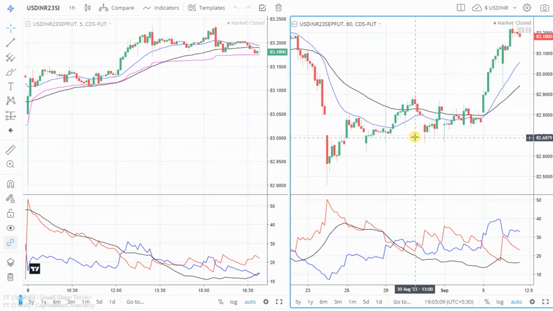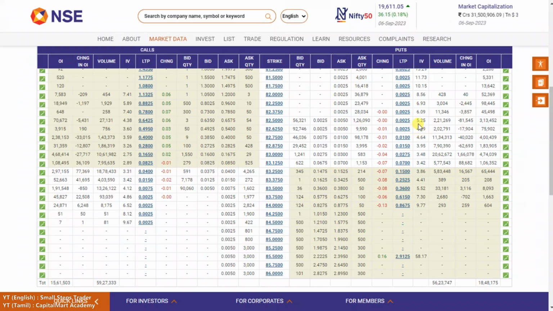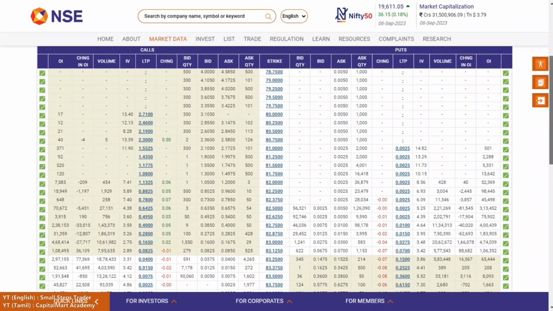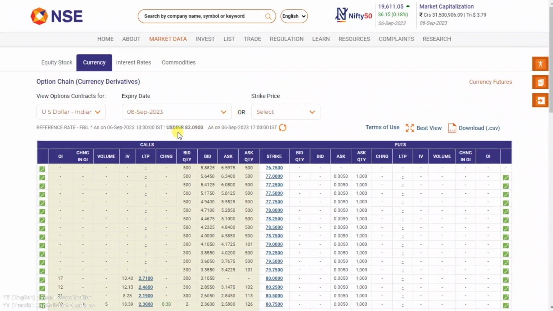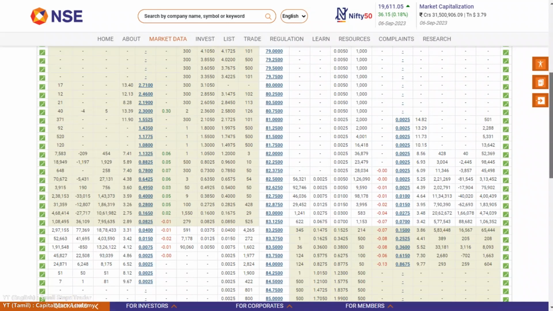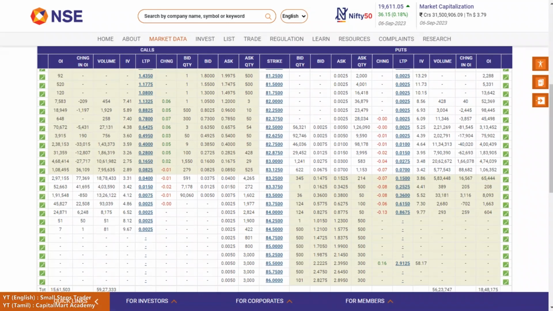Now we will see the option chain. RBI reference is at 83.09. Day after tomorrow is the weekly expiry. If you see the call option, 83 is the highest open interest, the second highest is 83.25.